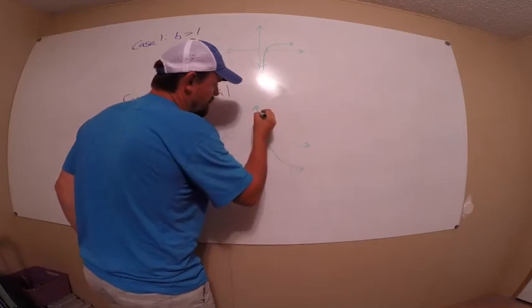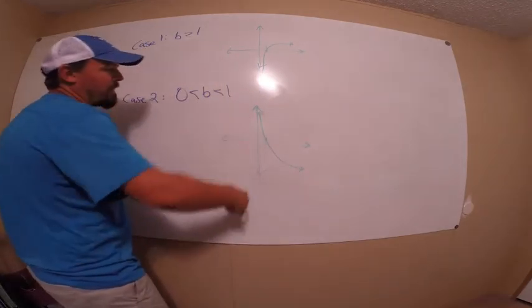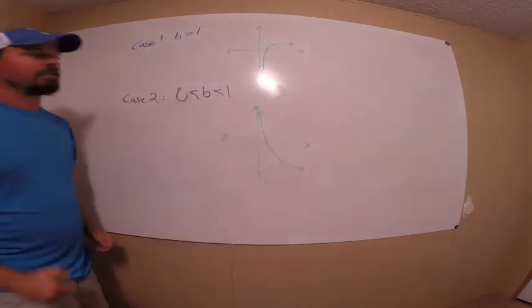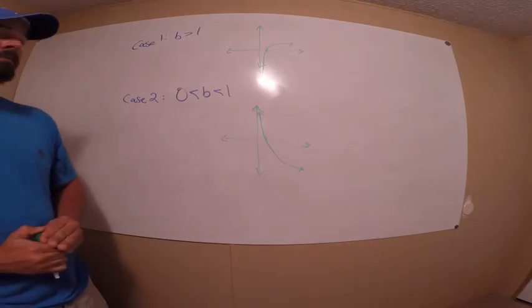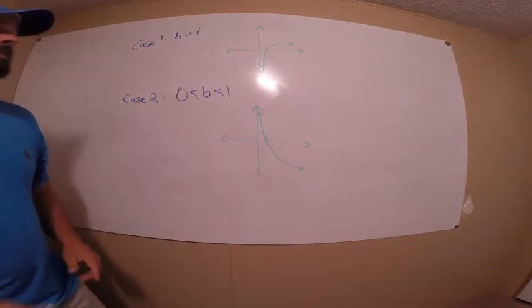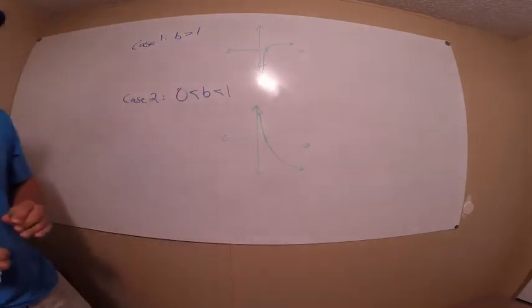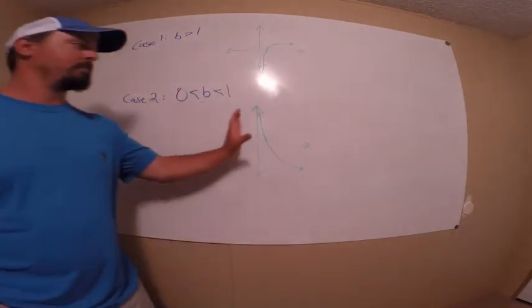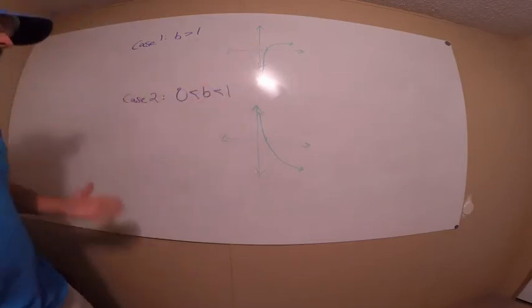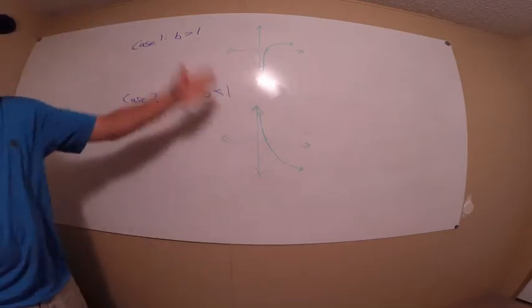So you still have an asymptote on your y-axis. It still hits here at x equals 1, but it flips. So this is concave down, this is concave up. You want to think about it like that. You want to say flipped up and flipped down, however you need to remember it. You got two cases. This is what it could look like.